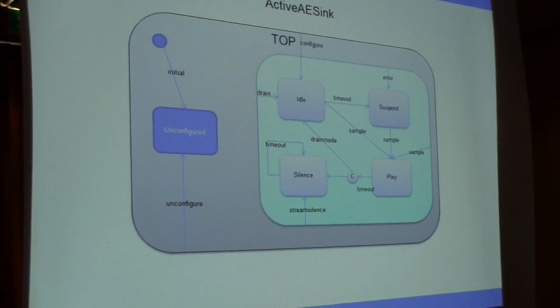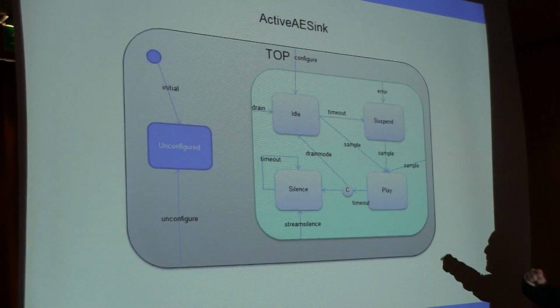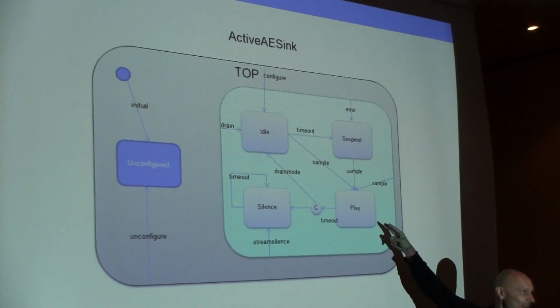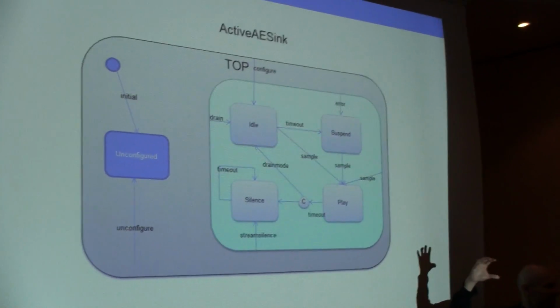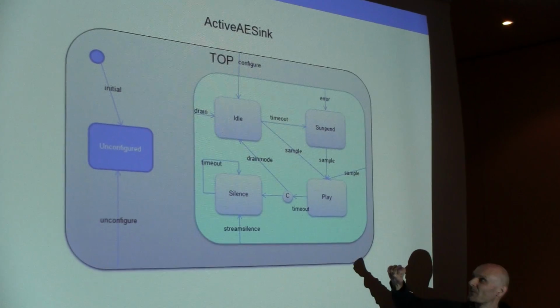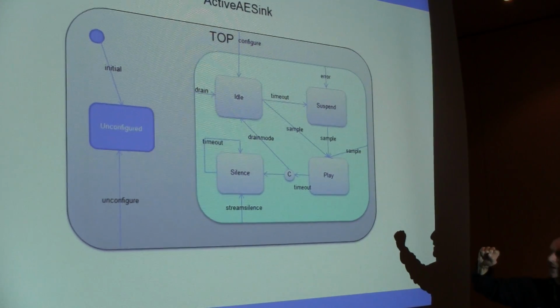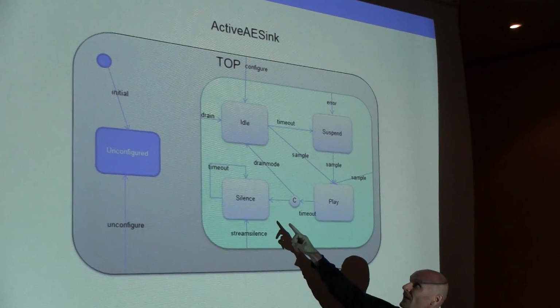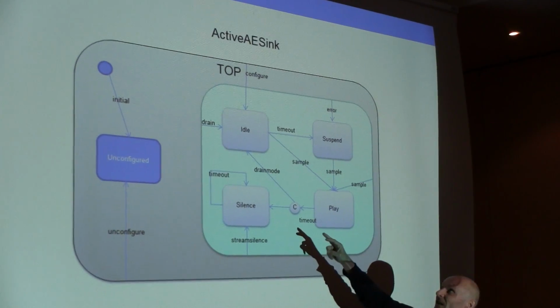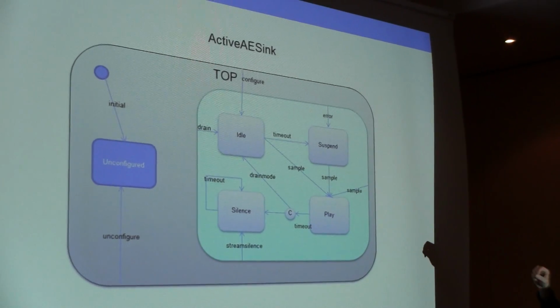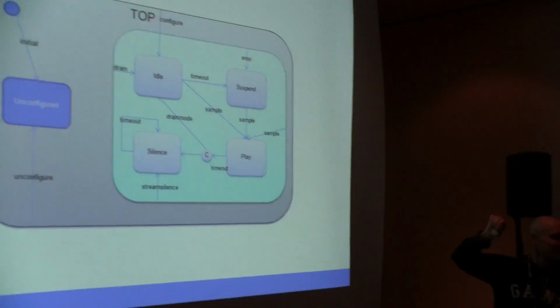Maybe one important point: the switch case first looks at the inner state, and then it goes outside. So if we're in a state, for example silence, and we get a configure message, it first checks whether the state silence has a trigger for configuring, and if not, it goes to the outside states.